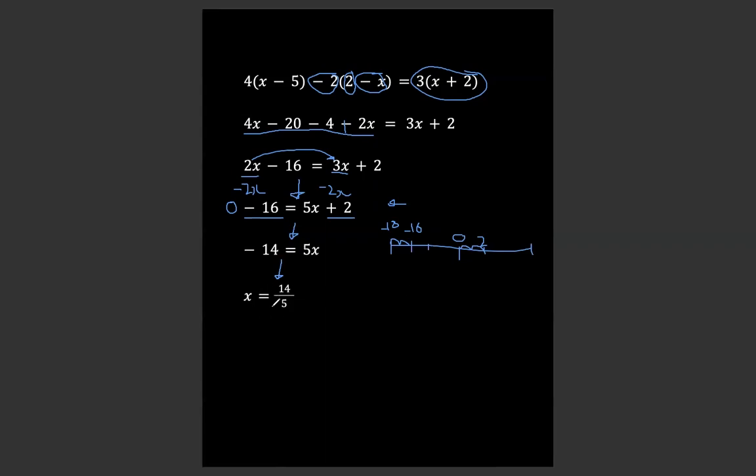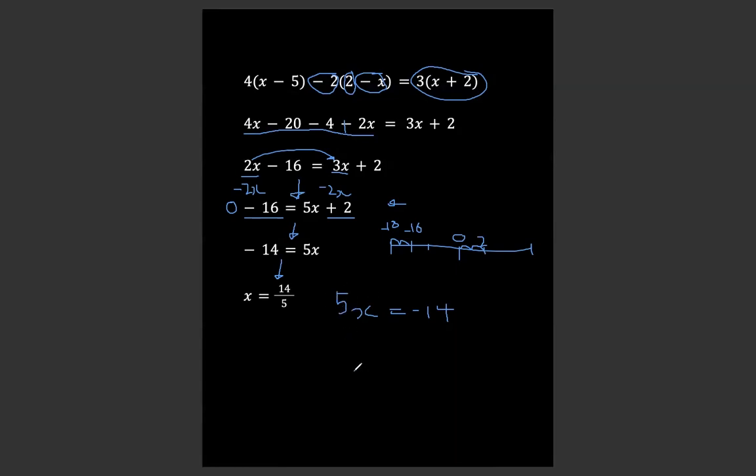Here's a very simple mistake. When you're dividing to find the x term, you're allowed to swap the sides to make it like this: 5x equals -14. And to find x, you just have to make it a regular x. So you have to find a way to get rid of this 5.